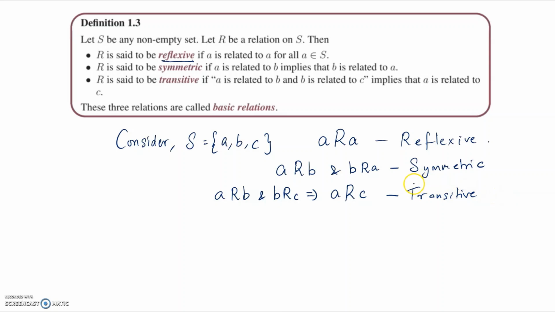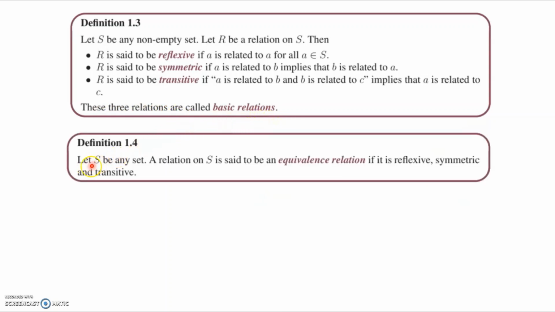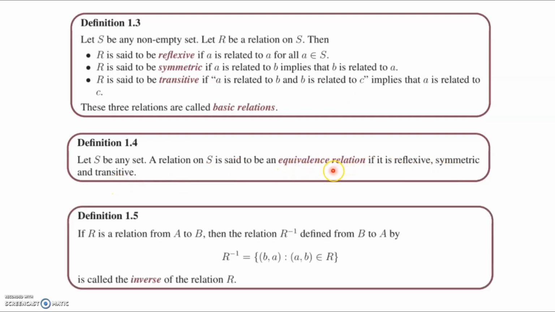We will see more of this as we do the problems. So these three relationships are called the basic relationships. Now, let S be any set. A relation on S is said to be an equivalence relation if it is reflexive, symmetric, and transitive, which means if they satisfy all three conditions, then the relation is called an equivalence relation.